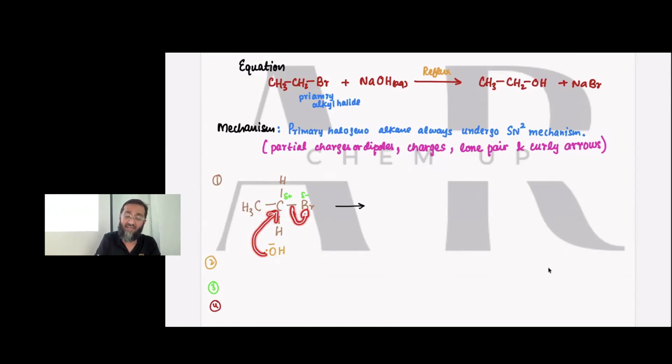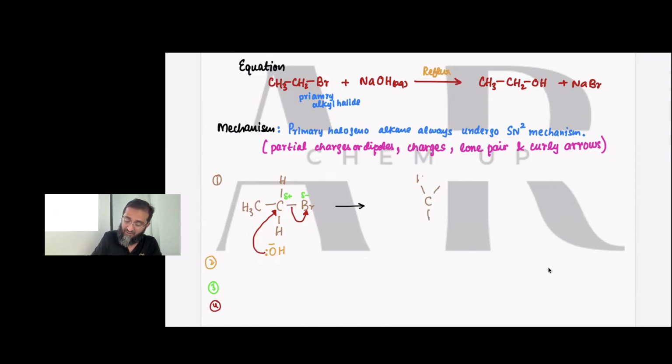occur at the same time, which results in the formation of a transition state. So the transition state would be like this. See the rest of the three things bonded to the carbon. You put these three things below and above the carbon.